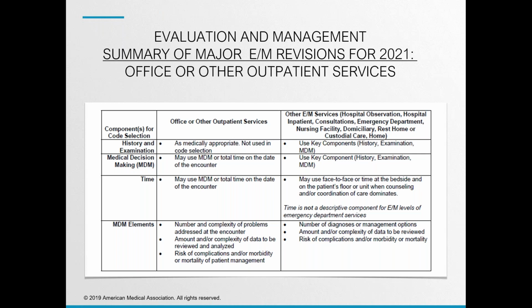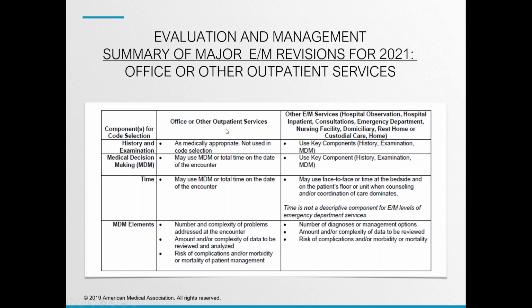So it's really important that wherever you're seeing the patient, you remember this is what's going to drive your documentation, and it's also going to drive how you choose that level of service. And this is a nice slide because it shows you the differences between the two. So again, those skilled nursing facilities, rest homes, emergency department, hospital visits, you're still using those three key components: history, physical, and medical decision making.